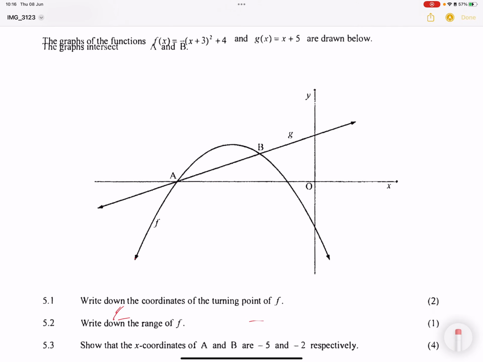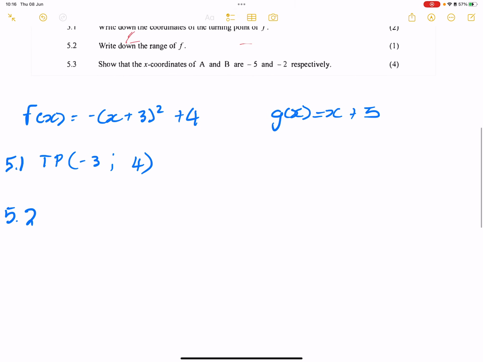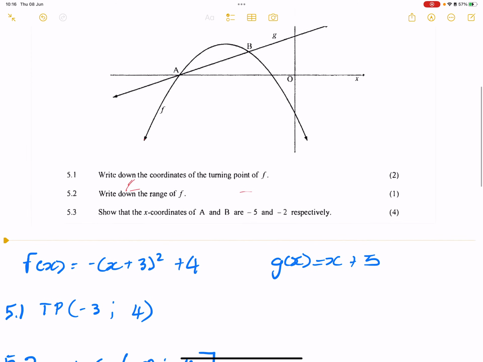So in terms of the range, we would simply say y is an element of negative infinity, all the way up until y is equal to 4, and we include that value because it is part of our range. Alternatively, you can write this as y is less than or equal to 4. So in this case, this would be our range.